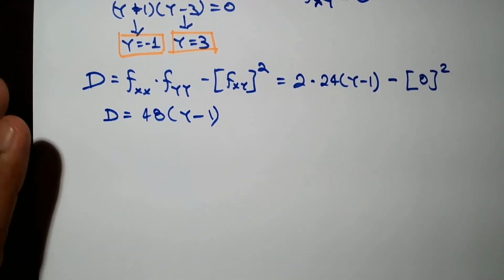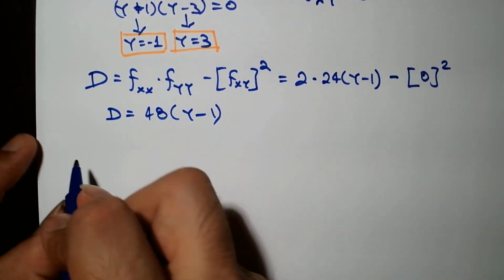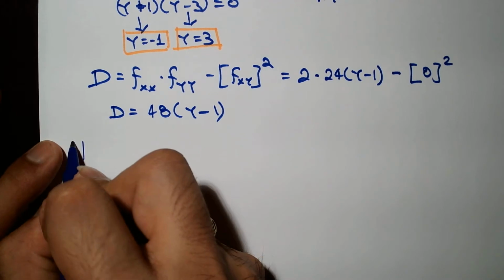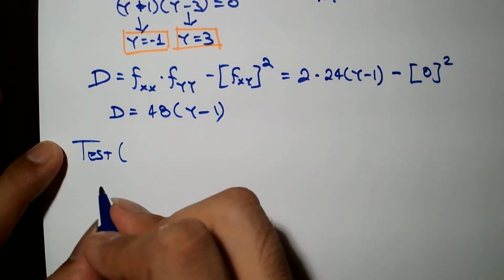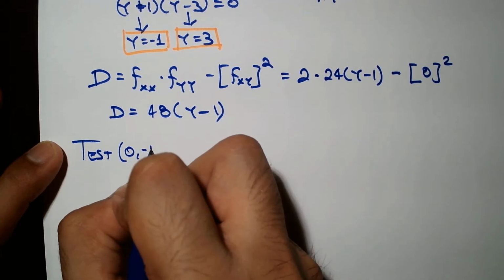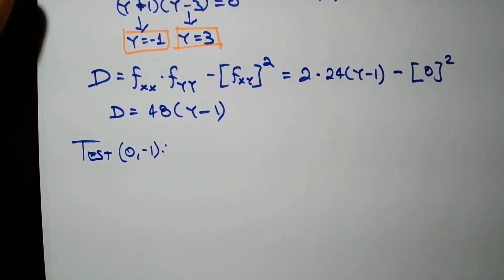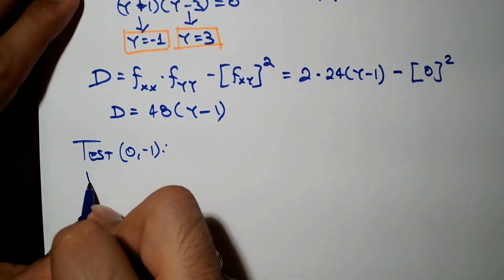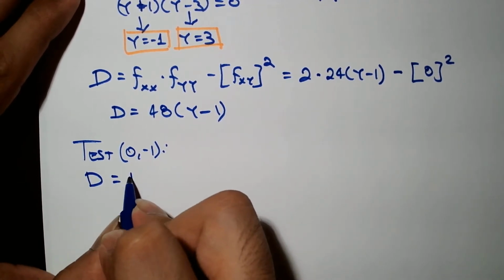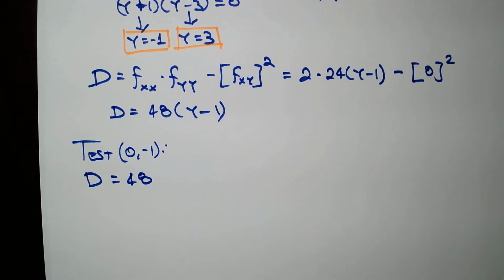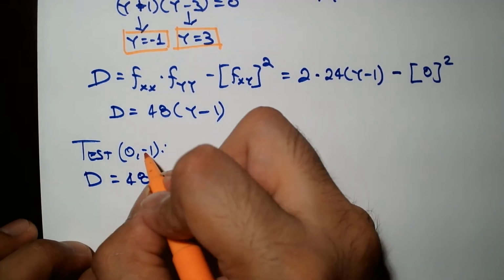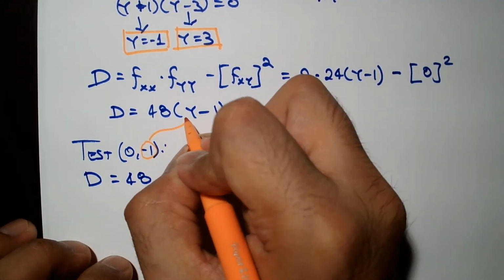Before, D was greater than 0, and that, in comparison with fxx being positive, told us it was a minimum. So we are going to use this expression to test the point (0, negative 1). I'm going to plug in the number negative 1 over here.